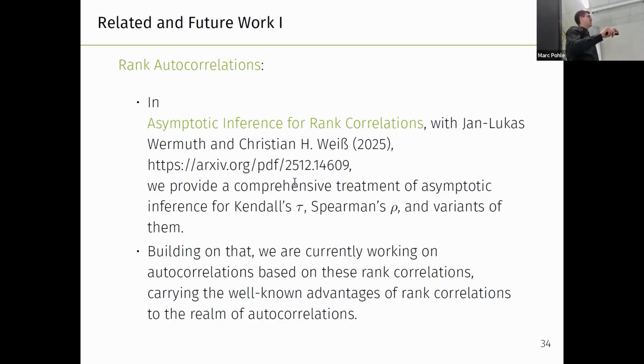So why not use a rank correlation, so Spearman's rho and Kendall's tau? We already have a paper on asymptotic inference for rank correlations in general, so for time series and IID settings, and we want to leverage that to in particular discuss rank autocorrelations. And as those bands are very general, we could also use them there.